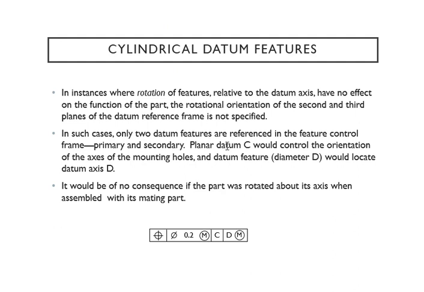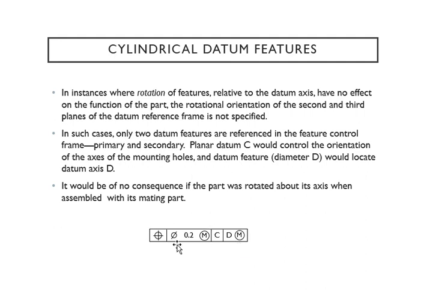If you have a rotation of the feature relative to that datum axis, and it has no effect on the function of the part, the rotational orientation of your second and third planes of your datum reference frame is not specified. Don't worry about it, I'll show you one by one. In that case, you have two datum features as reference, which are identified in the feature control frame, your primary and your secondary.